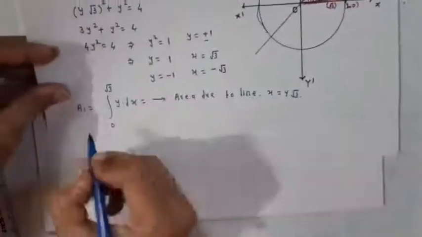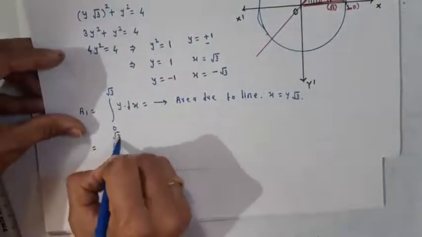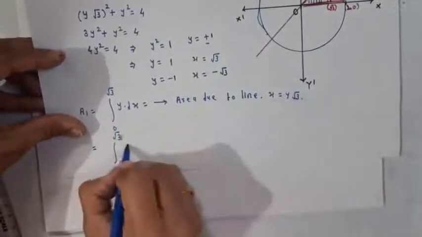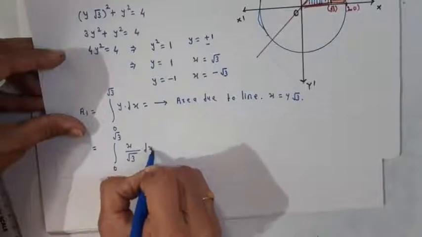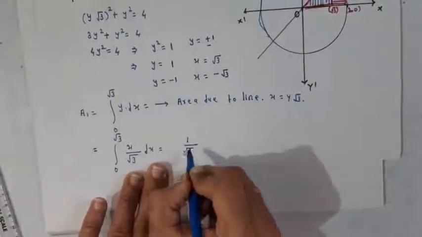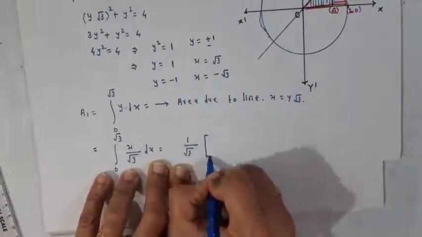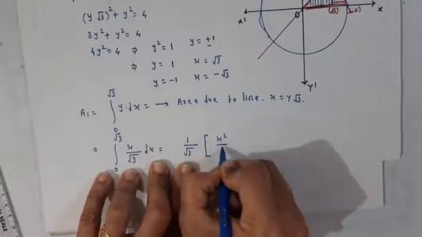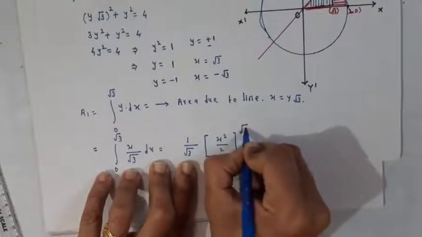Hence this is equal to the integral from 0 to root 3 of y, where y is x upon root 3, with respect to x. It's 1 upon root 3, take it outside the integration. Integration of x with respect to x is x square upon 2, with limits of integration 0 to root 3.